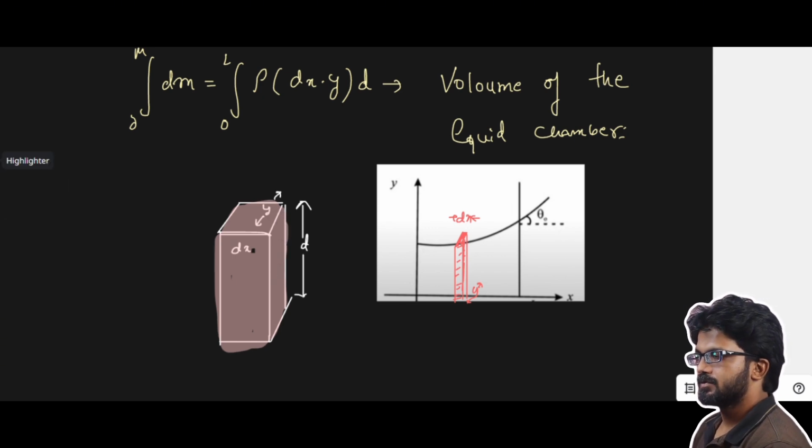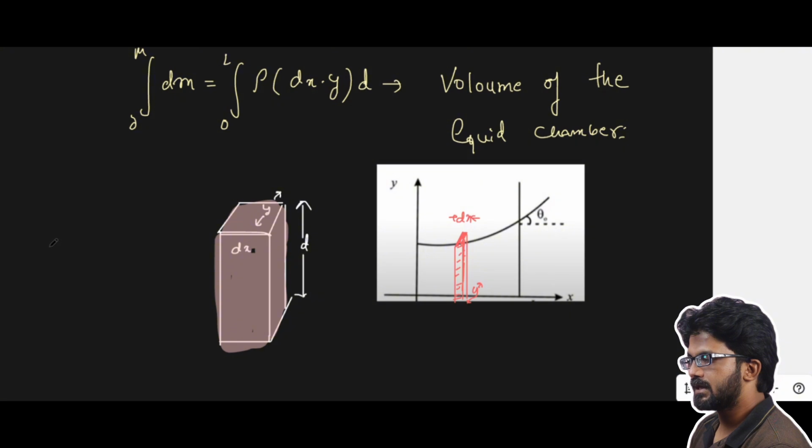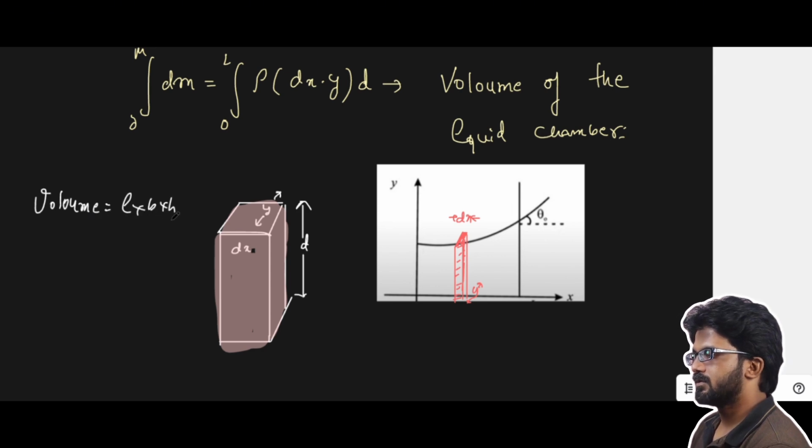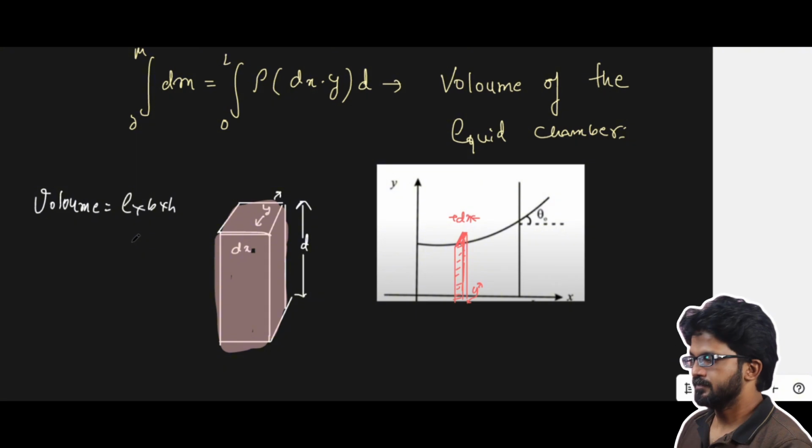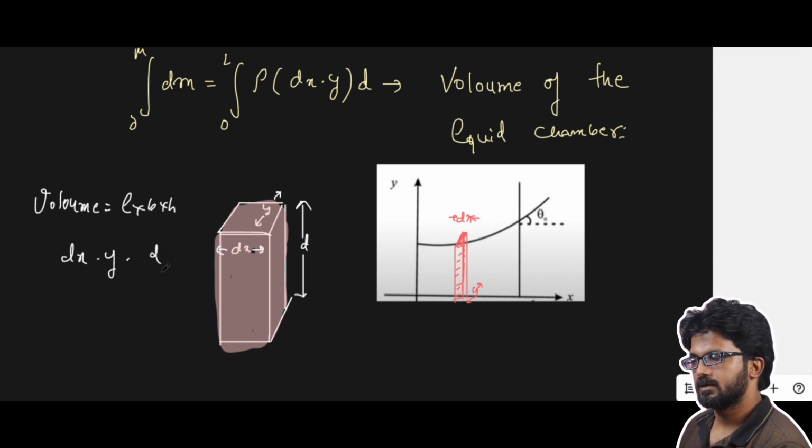Volume, as we know, is length into breadth into height, so the volume of a cuboidal system is L into B into H. So it is nothing but dx times y times d, right?